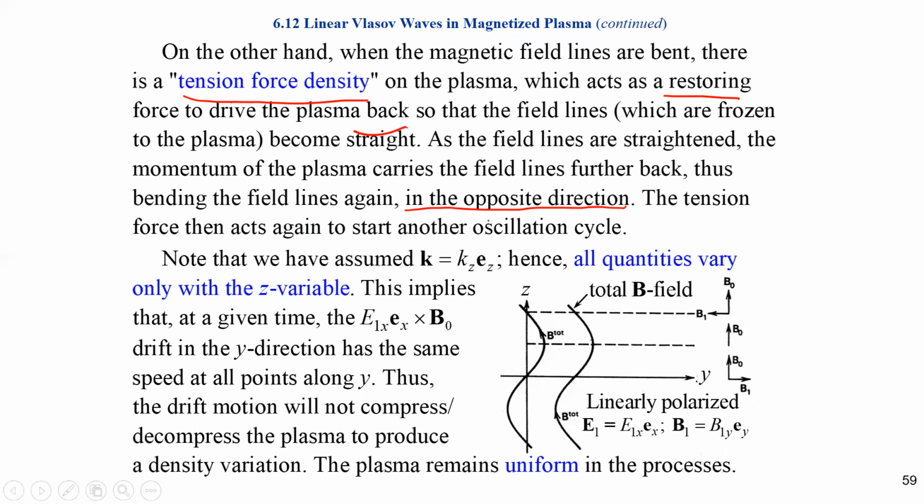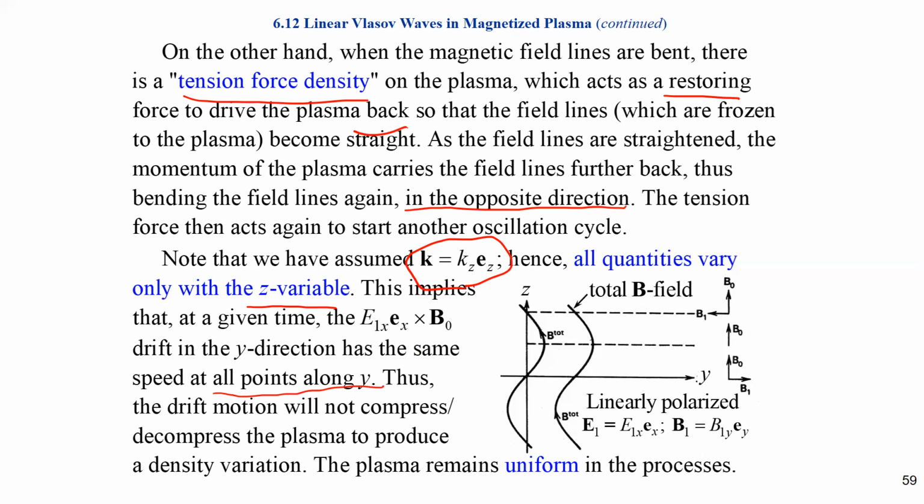So this will oscillate back and forth, which is the Alfvén wave. It is as if the plasma is locked to the field line and moves together with it. Note that we have assumed that all quantities vary with the z variable only. This implies that at a given time, this E cross B drift in the y direction has the same speed at all points along y. Everything along y moves together, because it doesn't depend on y, it depends on z only.